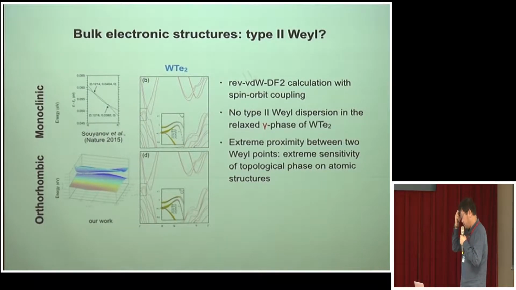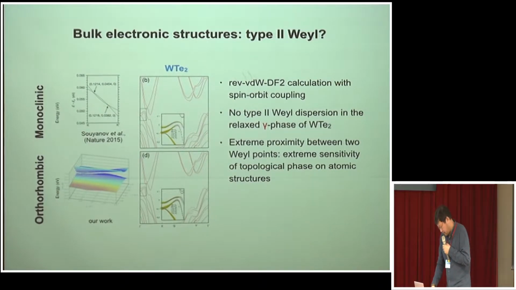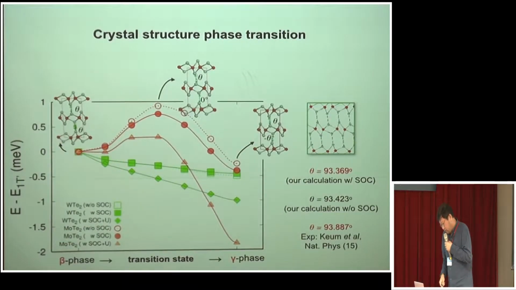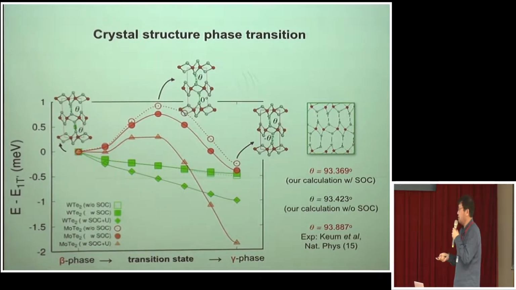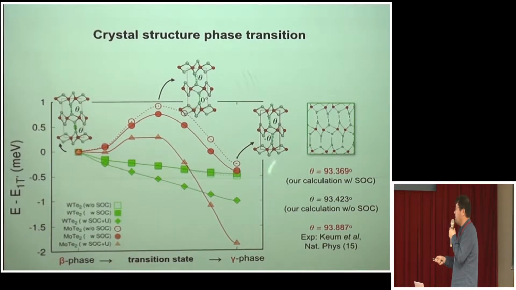For our computed structure, we believe that we are very close to reality, but we cannot reproduce the Weyl points. Anyhow, using this correlation effect and the van der Waals functional, we can calculate the structural parameters and the phase transition from beta to gamma.